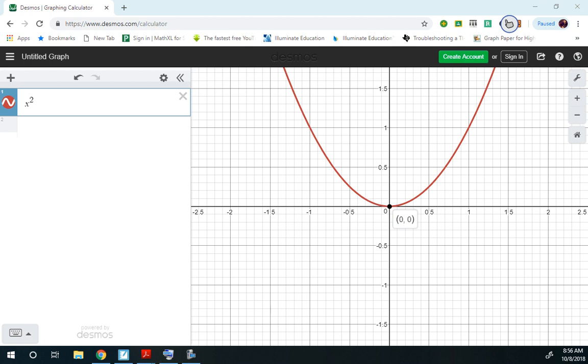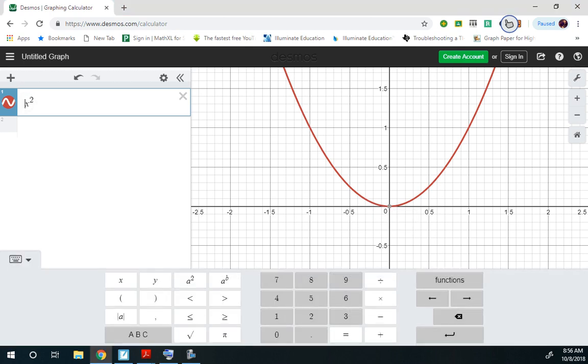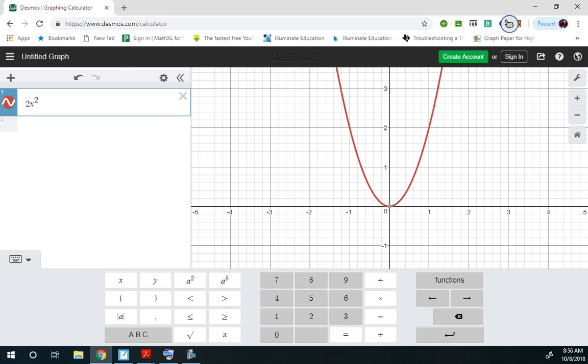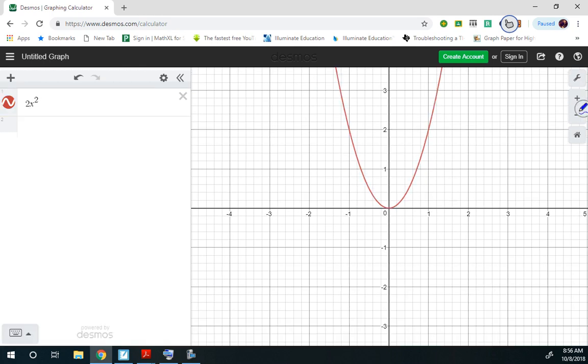What I'm trying to develop here is the idea of this a value, what a does to the graph. Okay, so now I've got a 2 out in front. Notice, again, I went over 1, and this time I went up 2 because of that 2 right there. Does that make sense? Now the parent function says go over 2 and up 4. But let's see how far up I went if I go over 2 on this one.